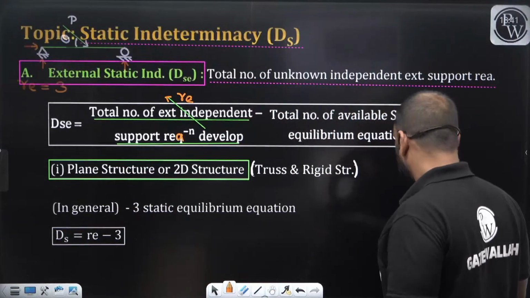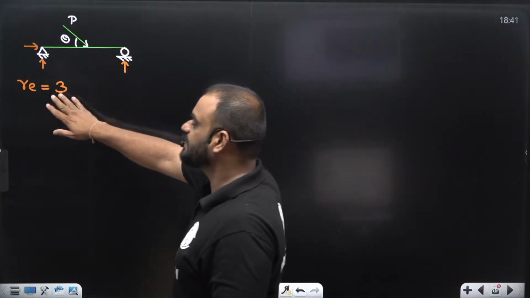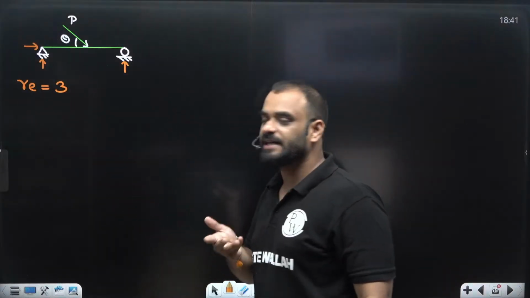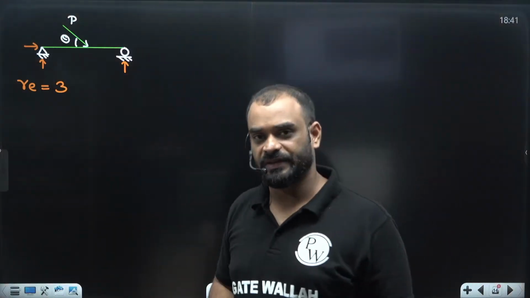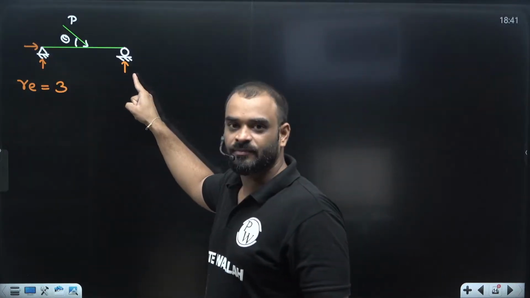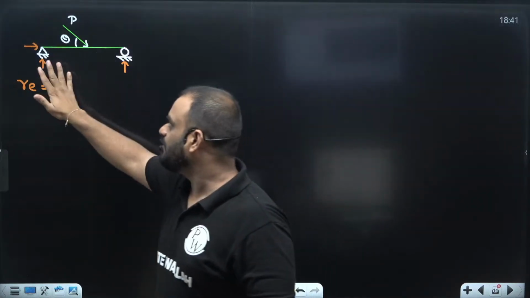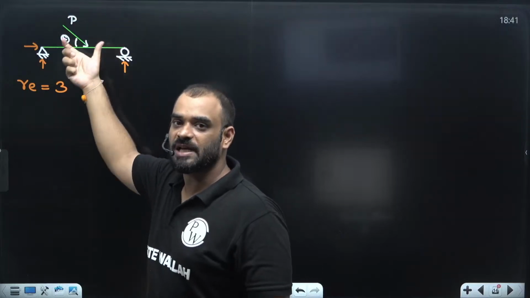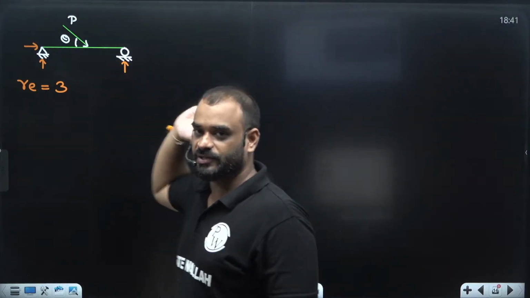How many reactions are developed over here? It is 3. Right now you don't know what is independent and what is dependent, sir. We'll discuss it. Right now you are able to understand these are the external support reactions which can be developed due to the loading available on this structure.